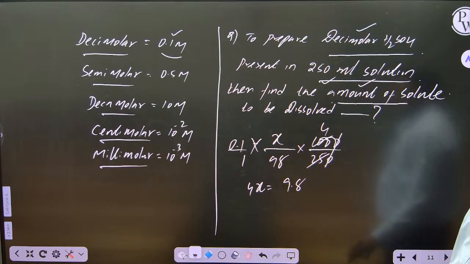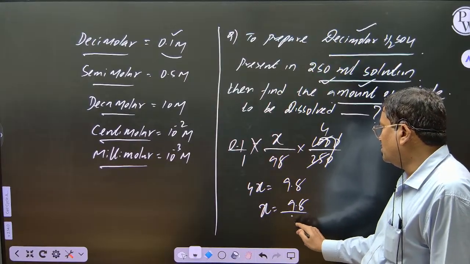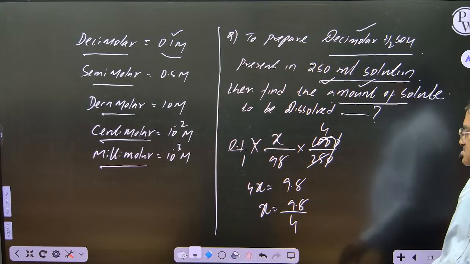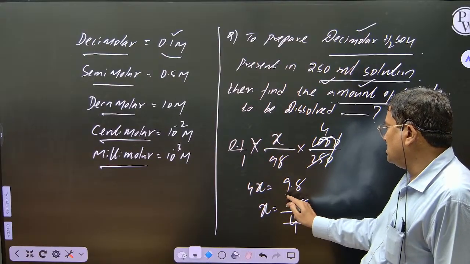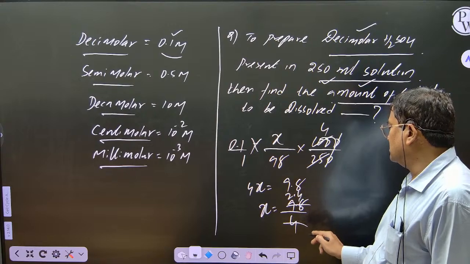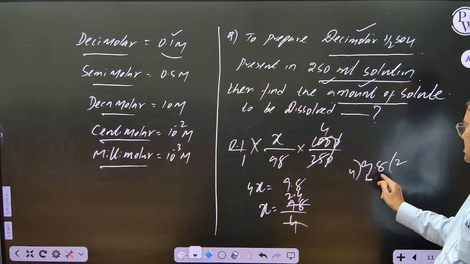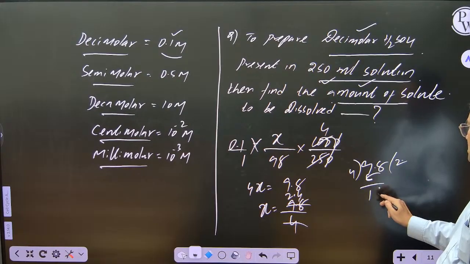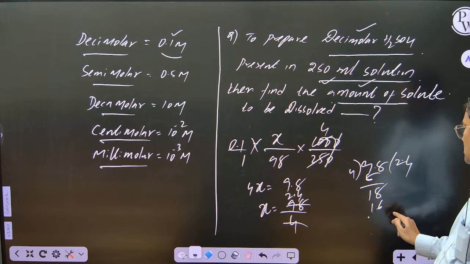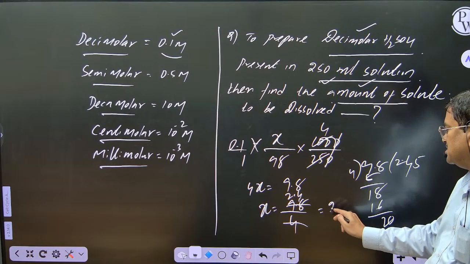Correct? Then the X value comes to 9.8 upon 4. When you divide 9.8 by 4: 4 2s are 8, here point, 4 4s are 16, here 2 will be remaining. Is it coming 2.45 grams? Check, all of you.